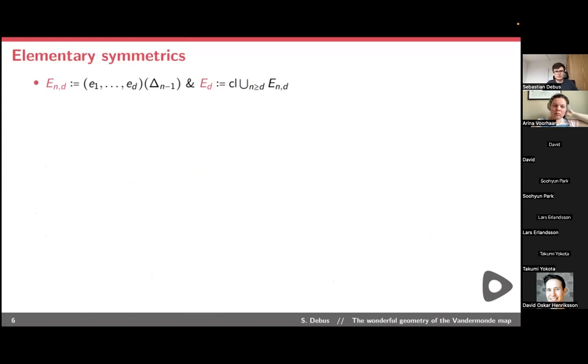But now briefly about elementary symmetrics and the results there. So again, some new notation, and I hope it's still okay. So we had this pi for the image in the power sums, and now I use capital E for the image in the elementary symmetrics on the probability simplex, and E_d for the image at infinity.